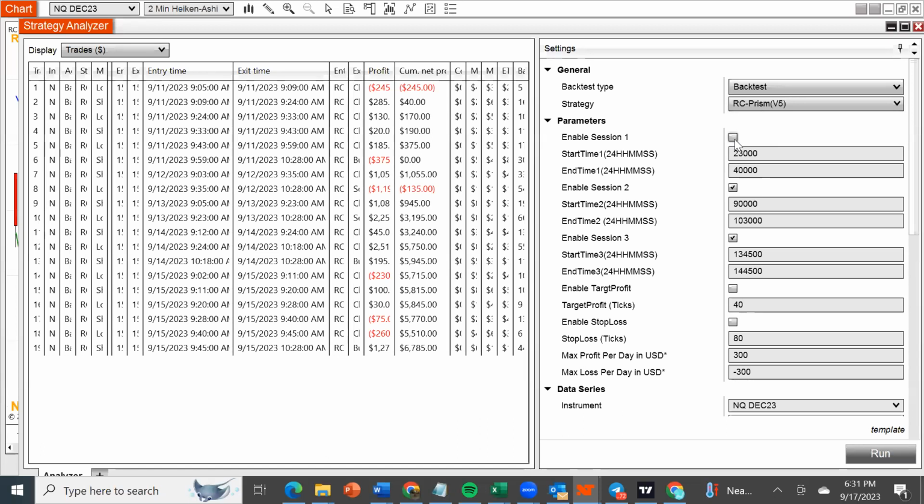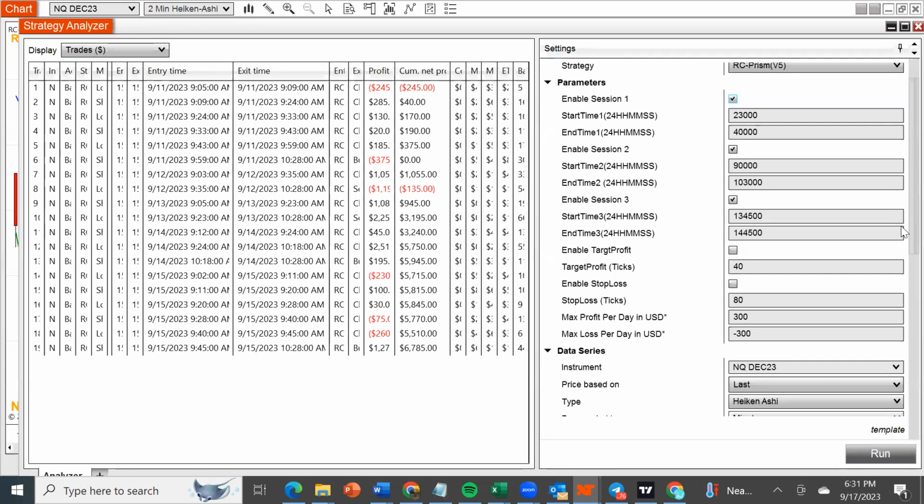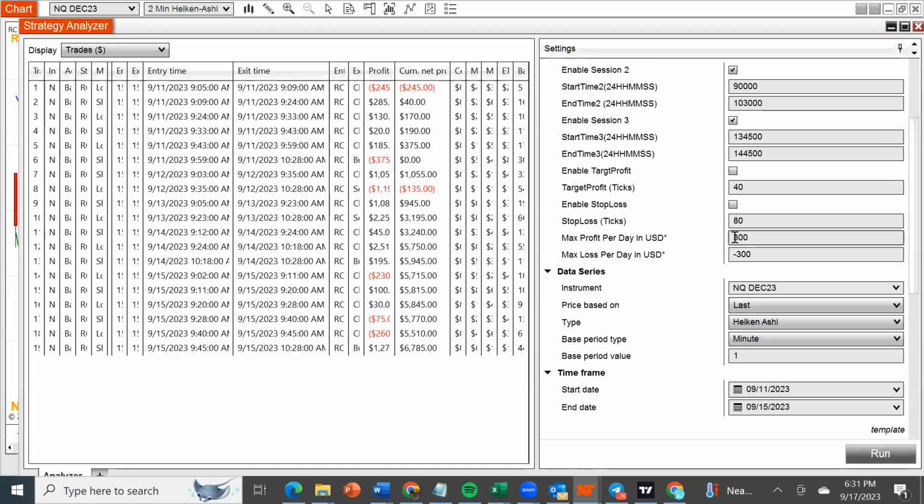Let me also enable it. Just for example, let me enable session 1, session 2, session 3. I am enabling all the sessions. And then let me say $500 as my target for NQ, and maybe minus 800 as my max loss per day with NQ. With others, I will generally use a 1:1 ratio.